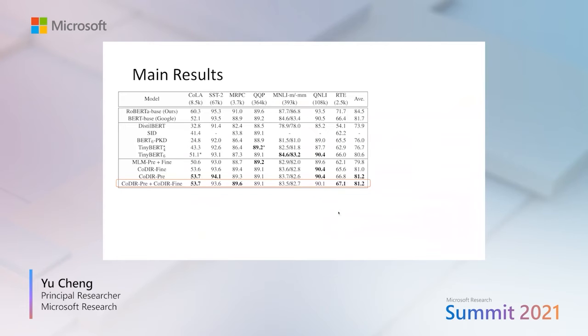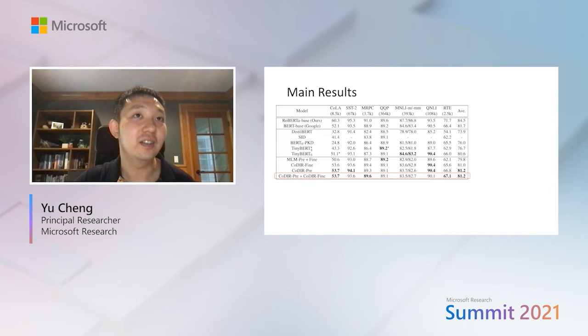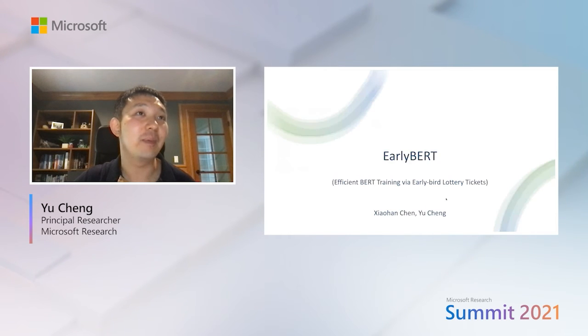You can do this for fine-tuning, and also for pre-training, though pre-training takes more time. In the results, on GLUE, CoDIR fine-tuning and CoDIR pre-training are better than PKD. And once you combine fine-tuning and pre-training with CoDIR, you can achieve better performance than any other base-size model.